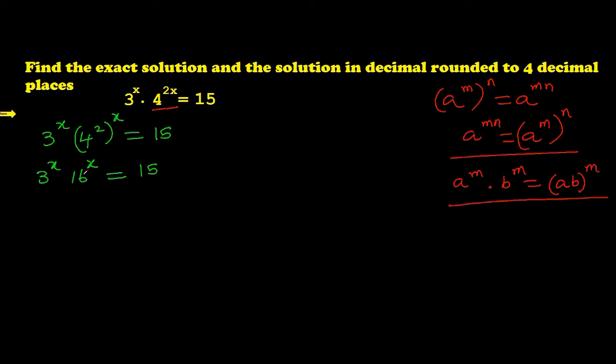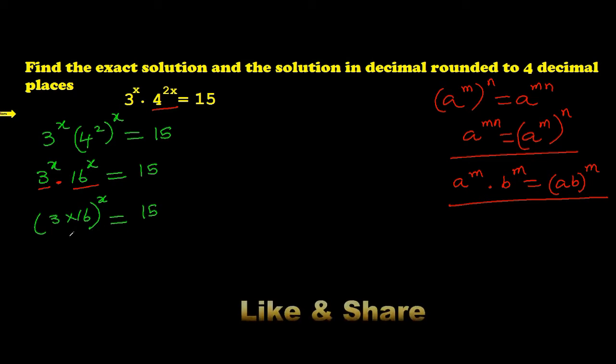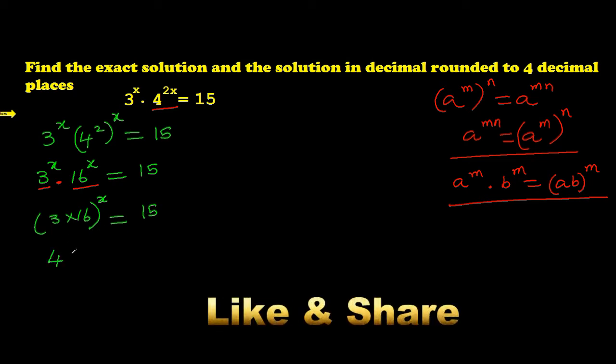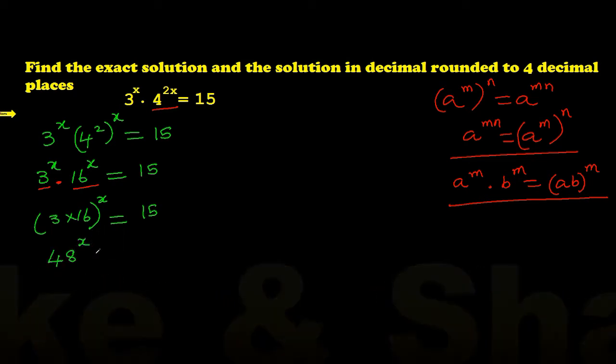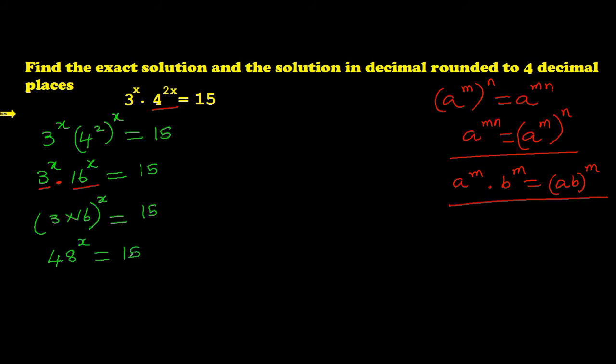So I am going to use this property here. 3 and 16, the different bases with the same index x, can be written in this manner: 3 times 16, the whole power x equals 15. Now 3 16s we know very well, 48. 48 whole power x equals 15.